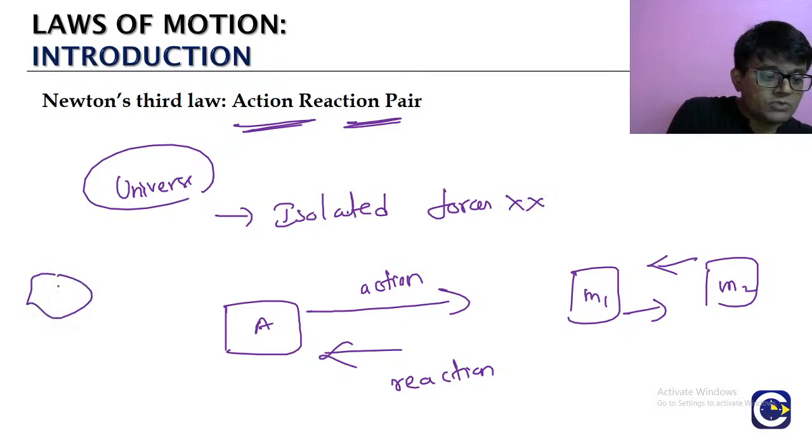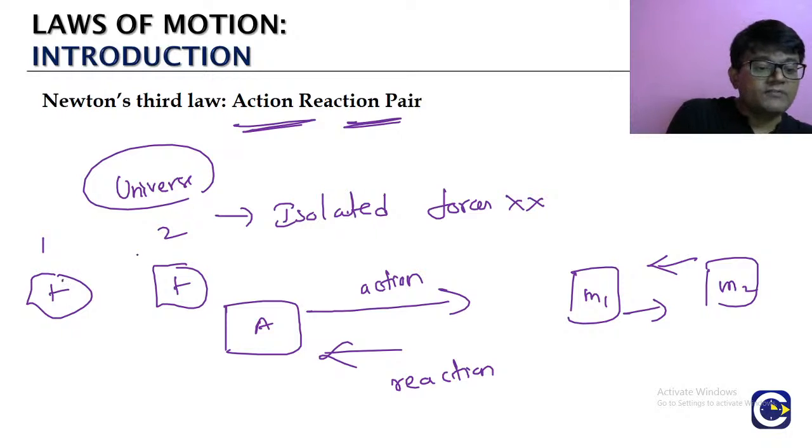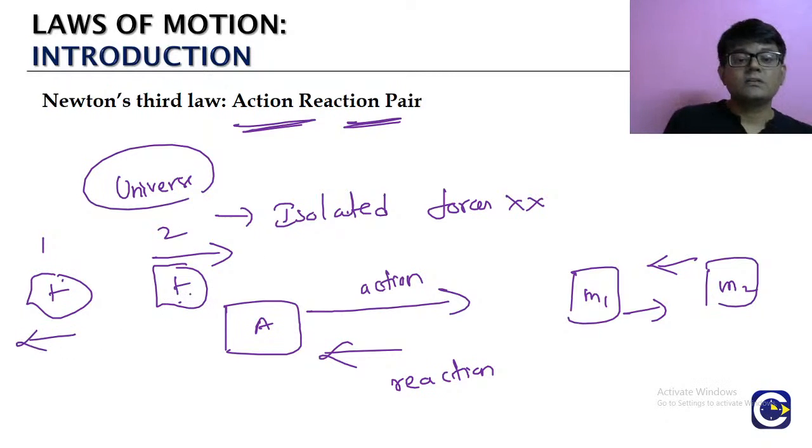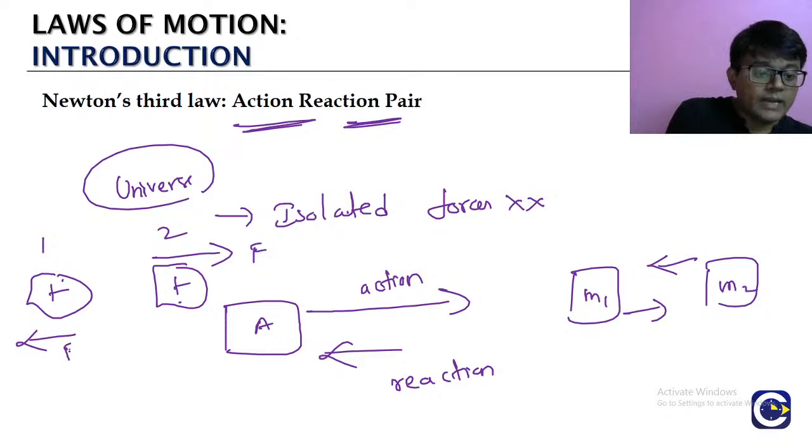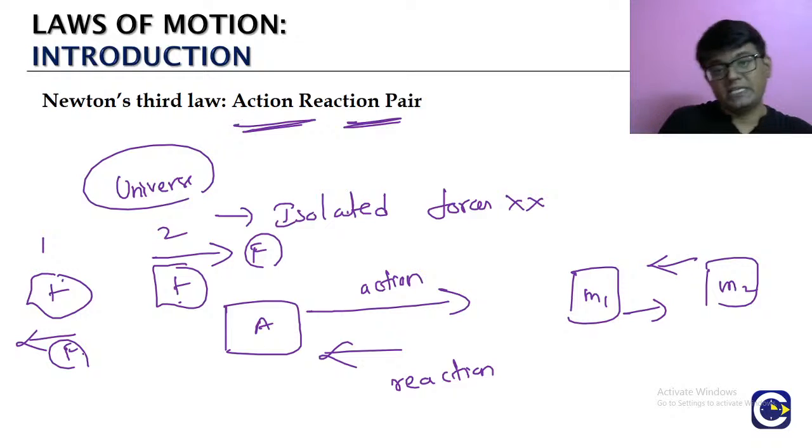If there is a positive charge and another positive charge, let us number them first and second. If the first charge is repelling the second one, like charges repel each other, then the second charge will repel the first one with a force of equal magnitude. You can see here, both will have equal magnitude but opposite direction.